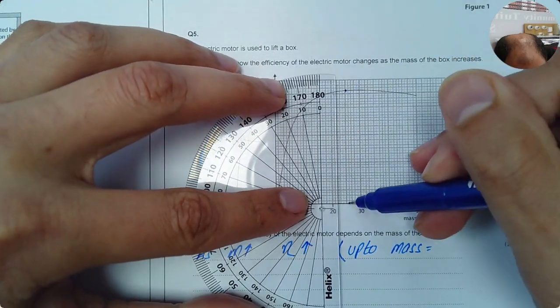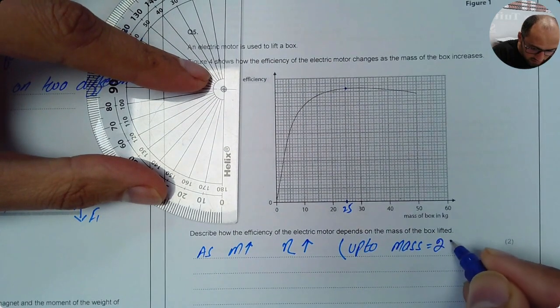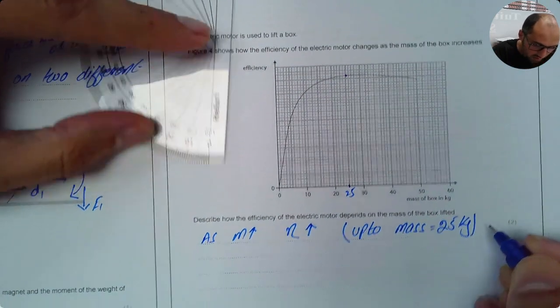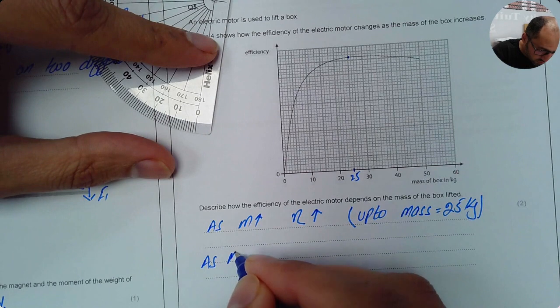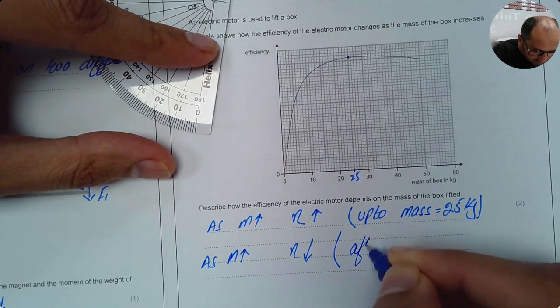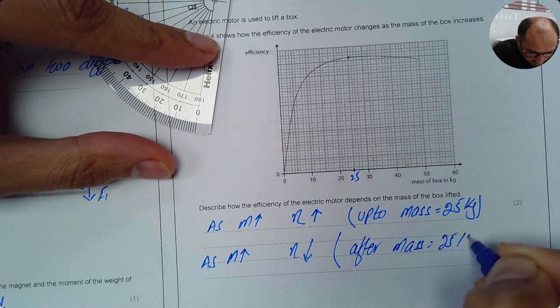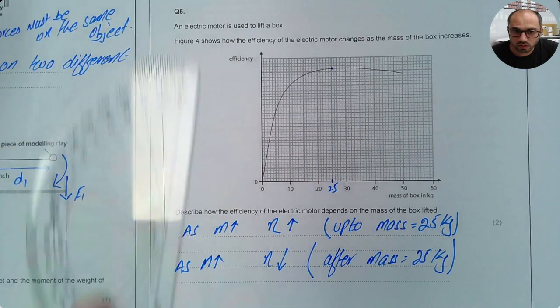So I can say this is about 25 kg, up to mass being 25 kg. Then I'll say as mass goes up, efficiency decreases. This is after mass equals 25 kg. And that will get us both the marks in this case.